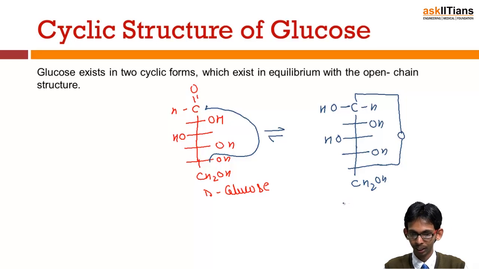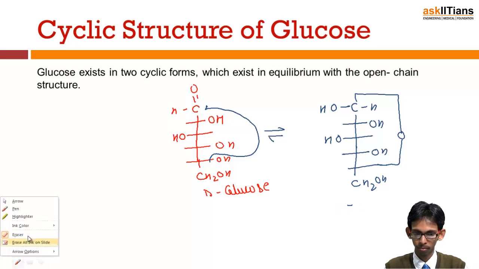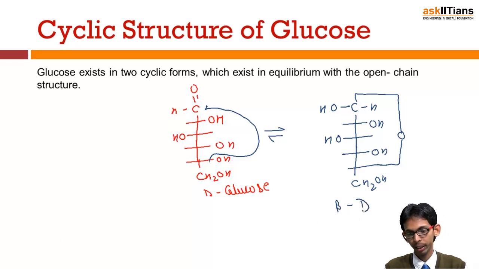This is beta D-glucose. This is a cyclic form of glucose.